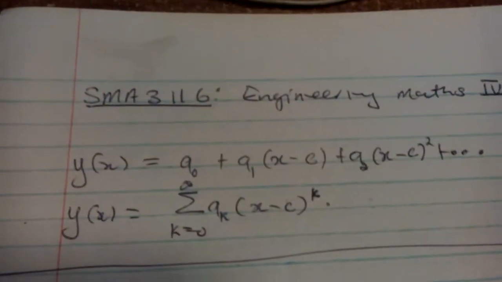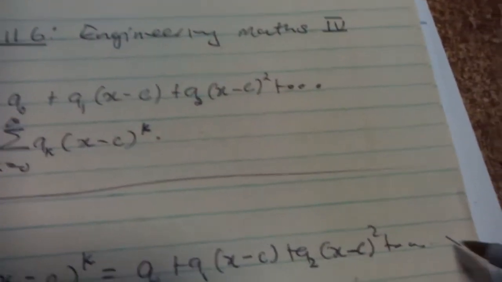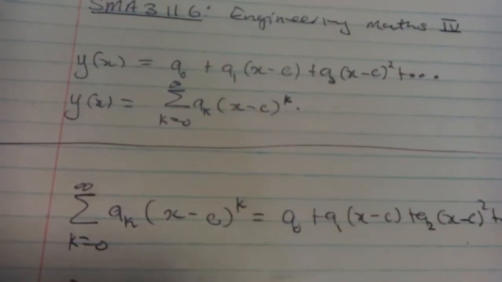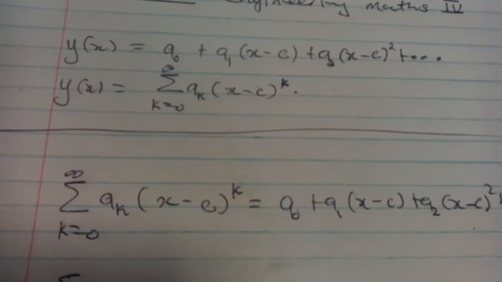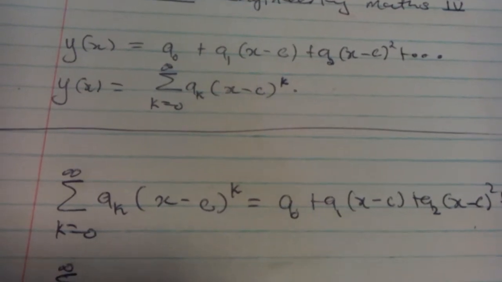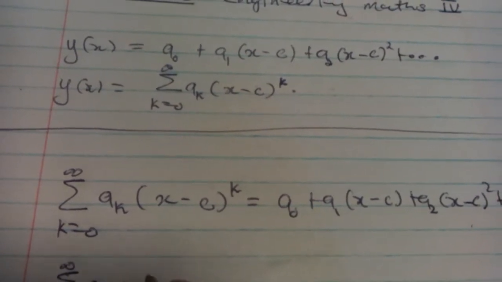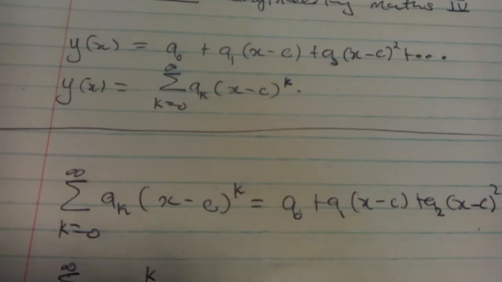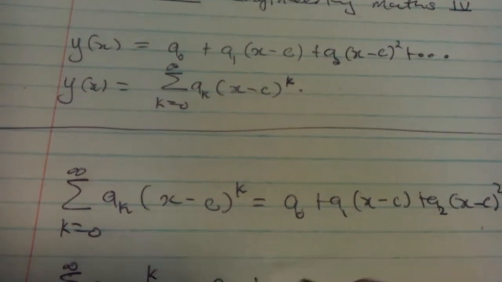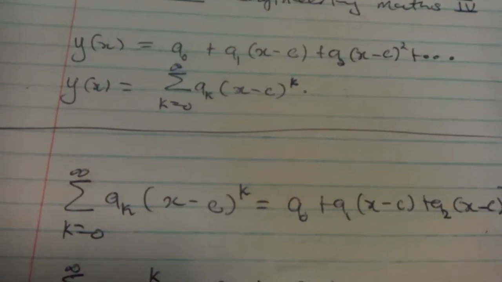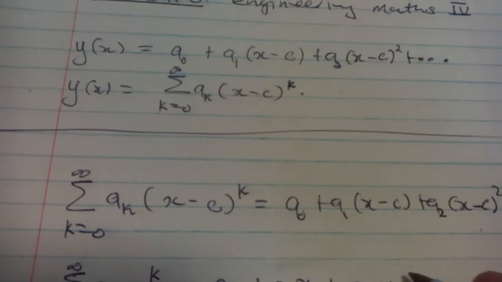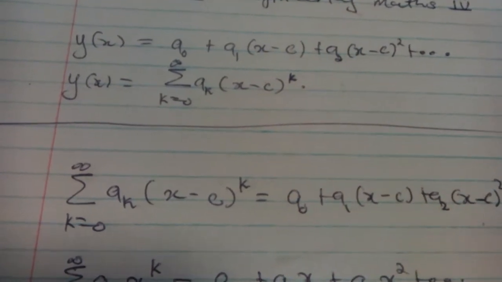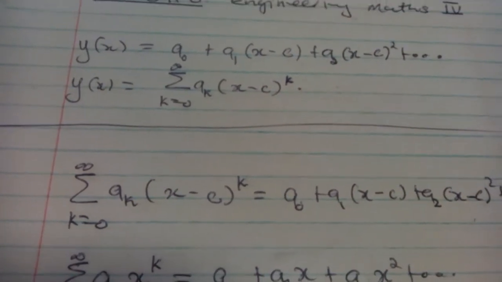We can call this one star. Or I can have the sum from k equal to 0 up to infinity of ak x to the k, which is equal to a0 plus a1 x plus a2 x squared and on and on. We'll call this one double star.